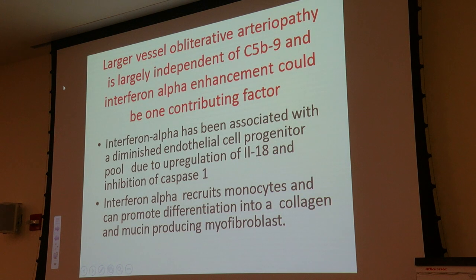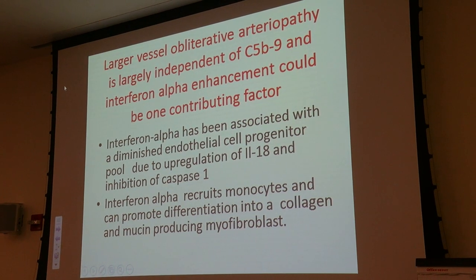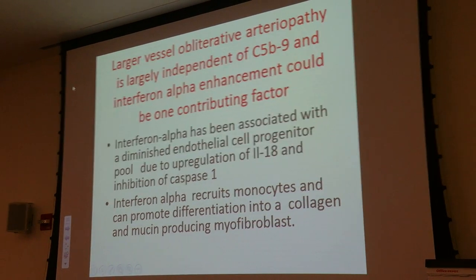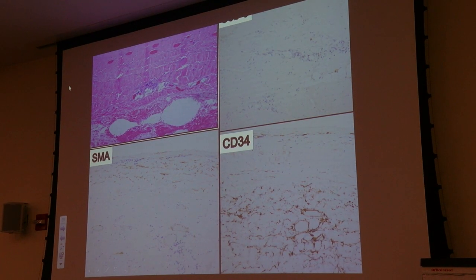So we know that the obliterative arteriopathy is largely independent of C5b-9, but interferon alpha could certainly be a contributing factor. Interferon alpha has been associated with a diminished endothelial cell progenitor pool. It can also recruit monocytes into the intima and induce that transdifferentiation into a myofibroblast.